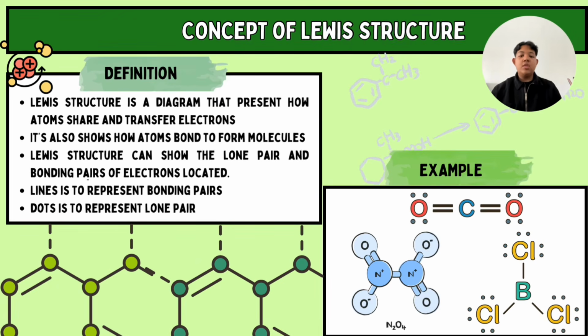Bonding pairs are electrons shared between atoms, and they are represented by lines. Lone pairs are electrons that are not involved in bonding, and they are shown as dots around the atoms. As you can see in the examples there, there are lines and dots in one molecule.